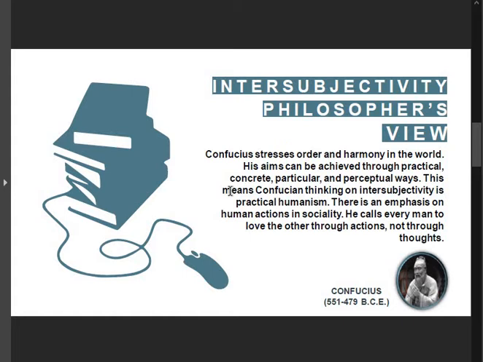Okay, so he calls every man to love the other through actions and not through thoughts. So in this juncture, intersubjectivity is seen by Confucius through human action. If you are familiar, which I'm not sure you are, you may search for the Analects of Confucius.